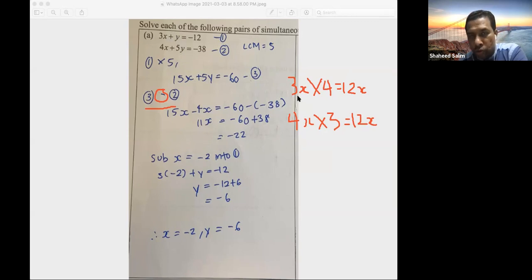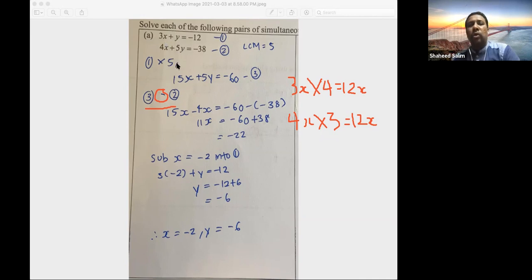Because if you choose to make x the same, you have to times both of them, which is double work. Whereas if I want to get rid of the y, I just times this by 5, and then I take equation 3 minus 2. And voila, that's it. Do you understand?